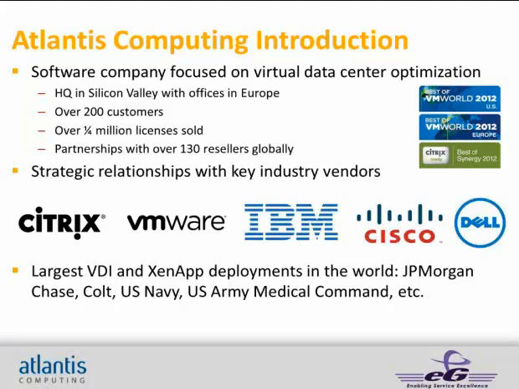Colt Telecom, one of the largest service providers in Europe, is a very large customer of ours and provides desktop and desktop as a service functionality using our technology. The U.S. Navy and the U.S. Army Medical Command have used our technology to virtualize XenApp in several of their hospital installations to provide medical applications to their staff using VDI and XenApp technology. So if you visit our website, there are a list of companies that have successfully virtualized and overcome many of the challenges that come from virtualizing XenApp using our technology.